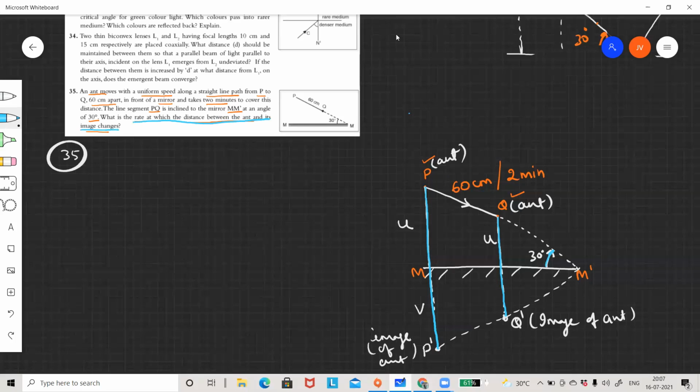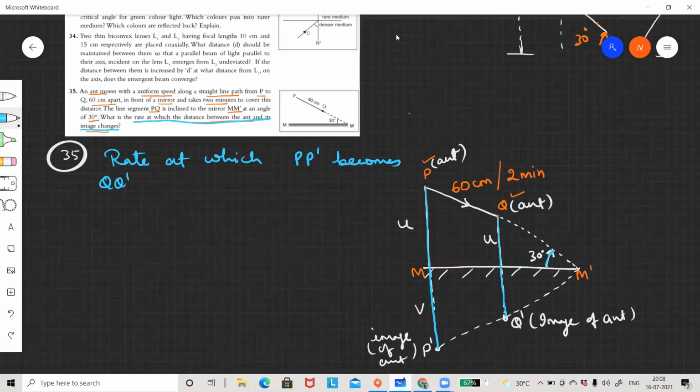That means we have to find the rate at which this distance P prime becomes Q prime.